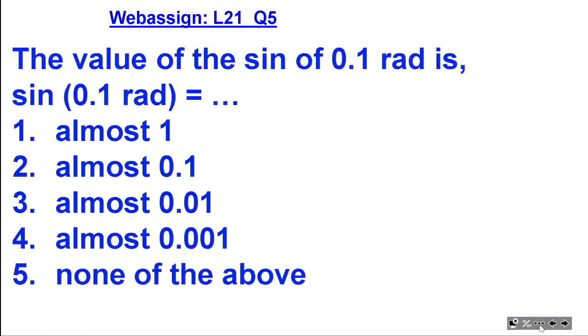Question. To this question, you need, well, there are so many conditions. You need a calculator, at least one hand, at least one eye, an ability to press buttons, know the difference between degrees and radians, use that knowledge of the difference between degrees and radians.